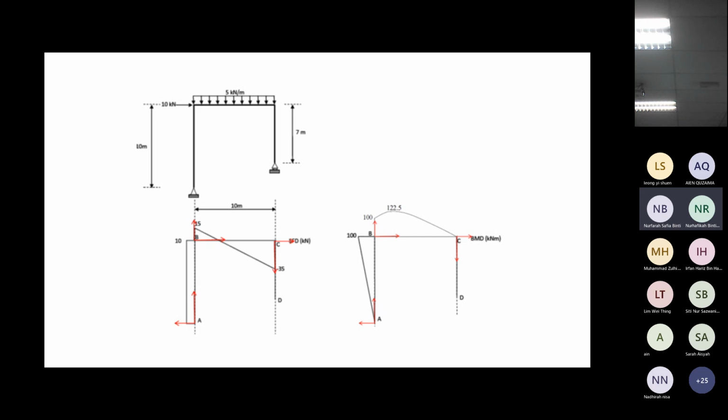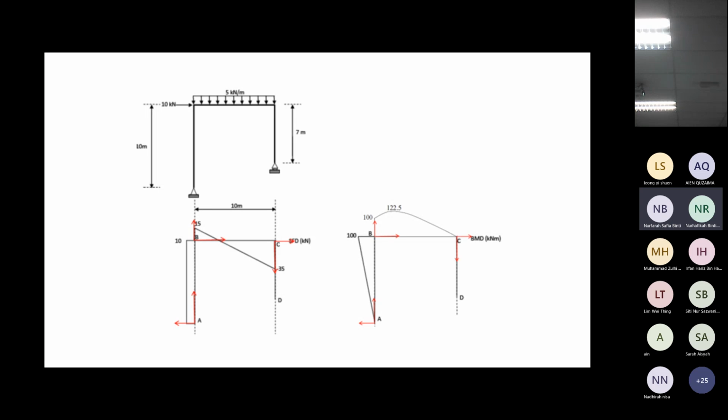For the bending moment diagram, if you take note at the joint here, whatever is here should be the same over there. If this is 100, this should be 100, unless there is a concentrated moment here. If this is 100, then you draw this 150, then something is wrong with your calculations. If this is negative 50, this should be negative 50 if there is no concentrated moment acting here.